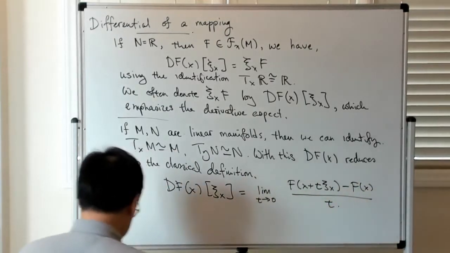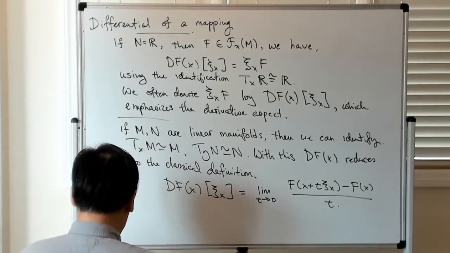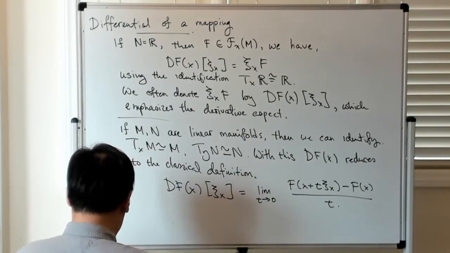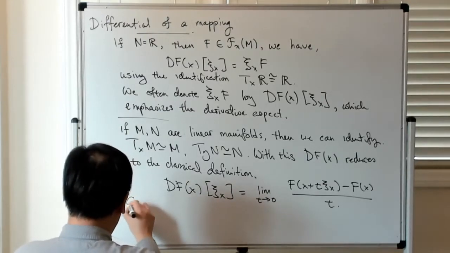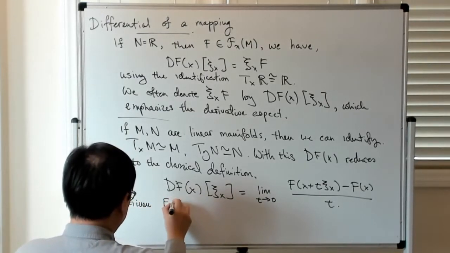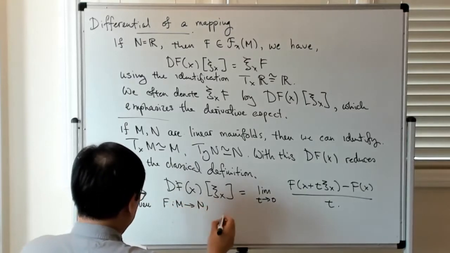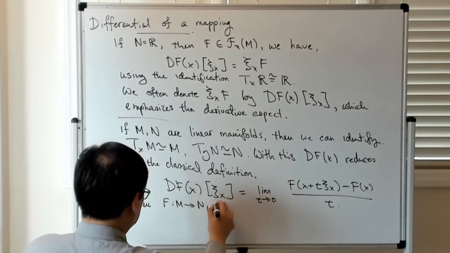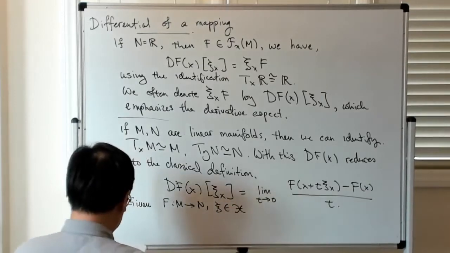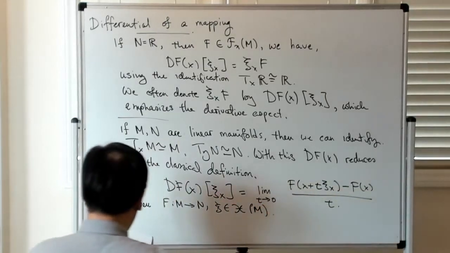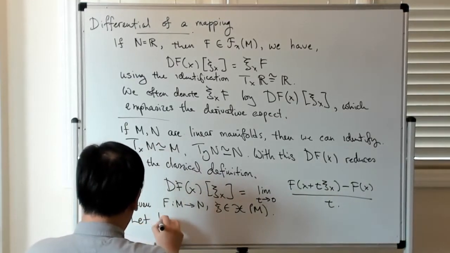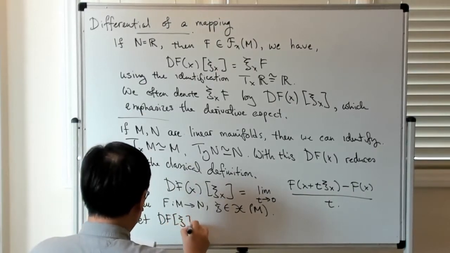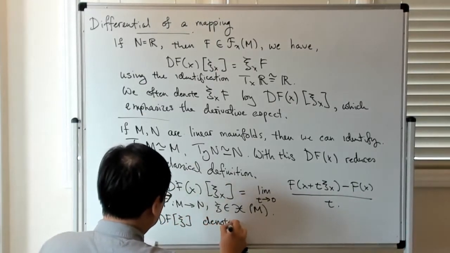So given f, which is a map from M to N, and a vector field X on M, you let df acting on X denote the following mapping.